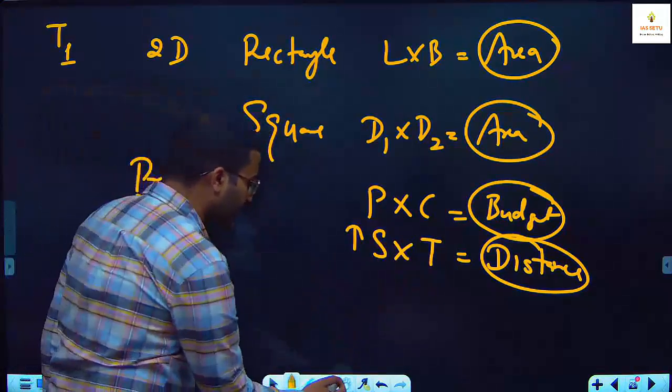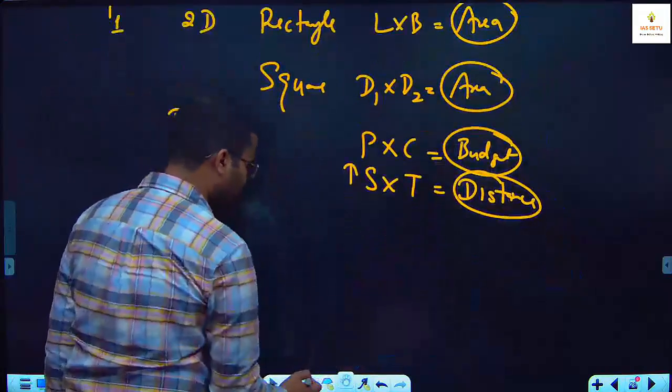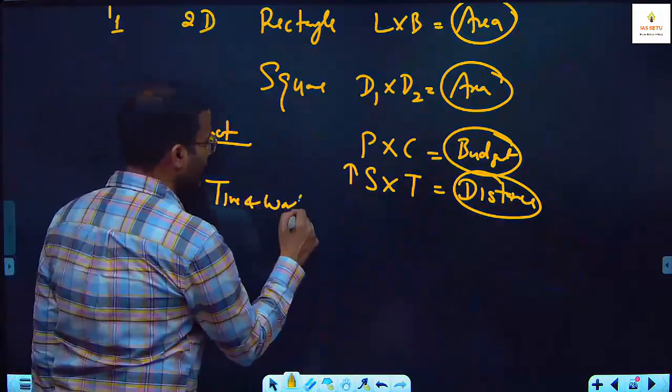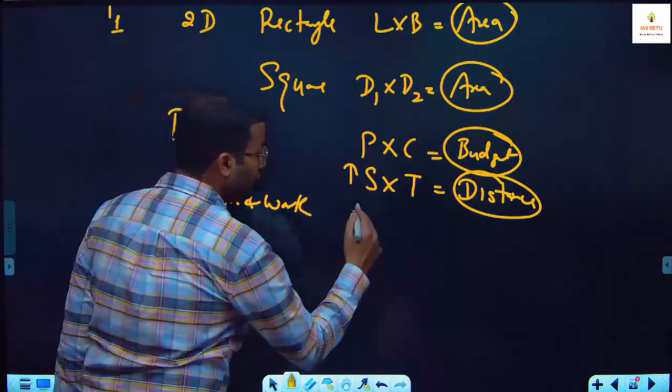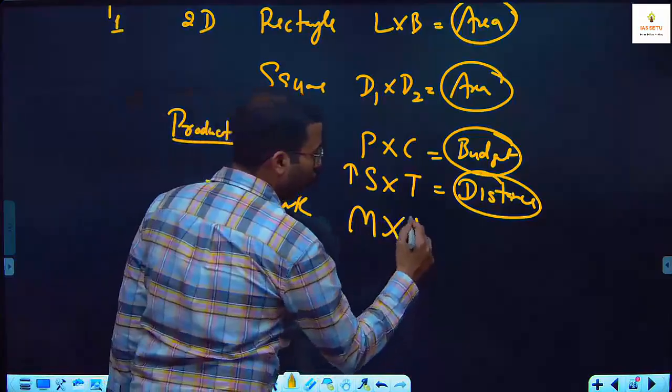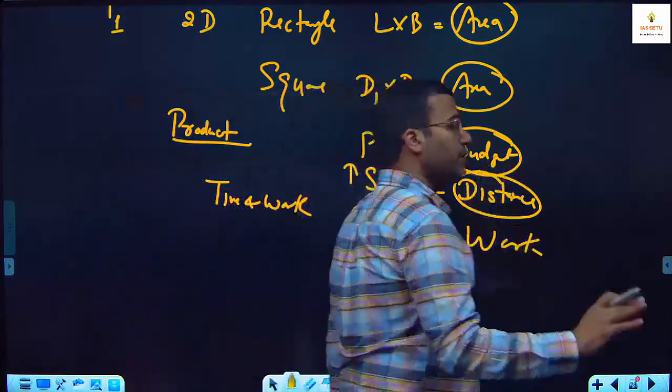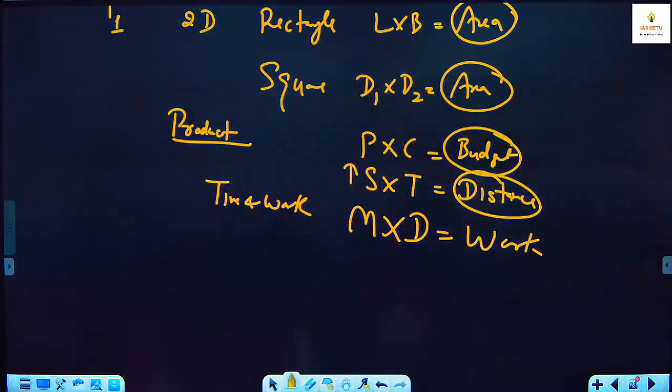Not only this, time and work chapter. I will take the time and work chapter with you later. In the time and work chapter, we have an equation: these many men working for these many days will do this work. I will explain this later when I discuss this topic in detail.